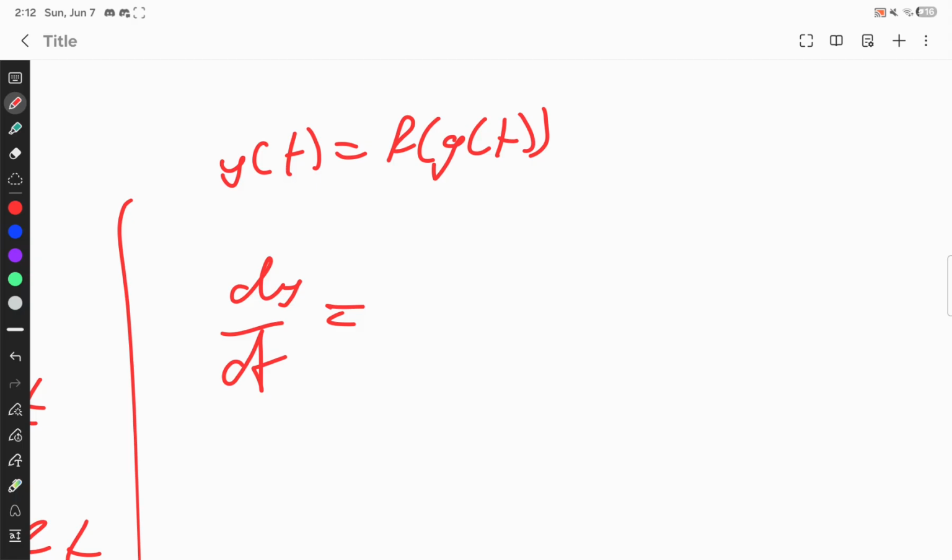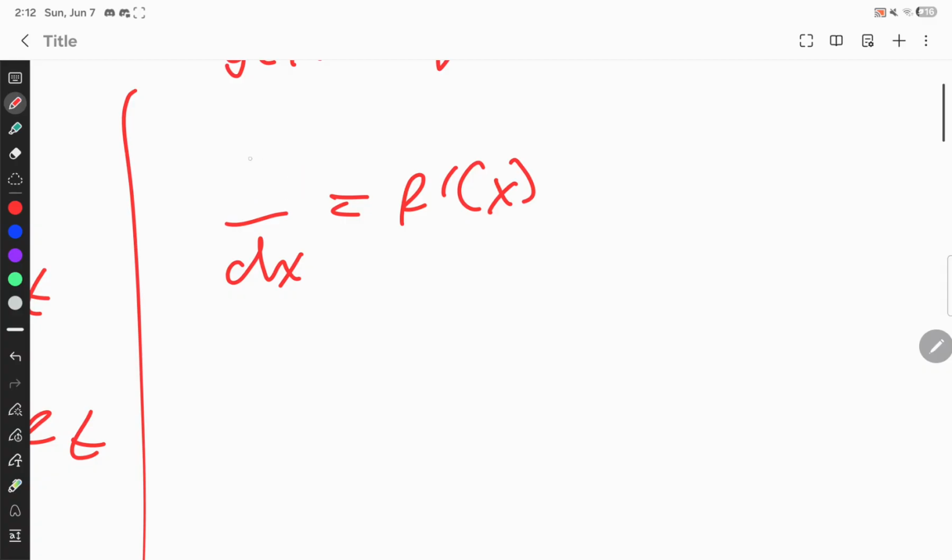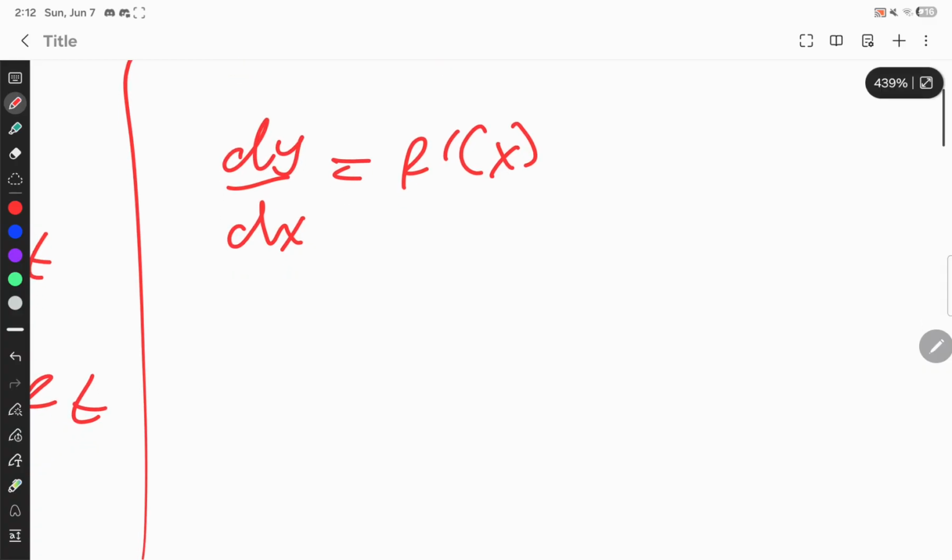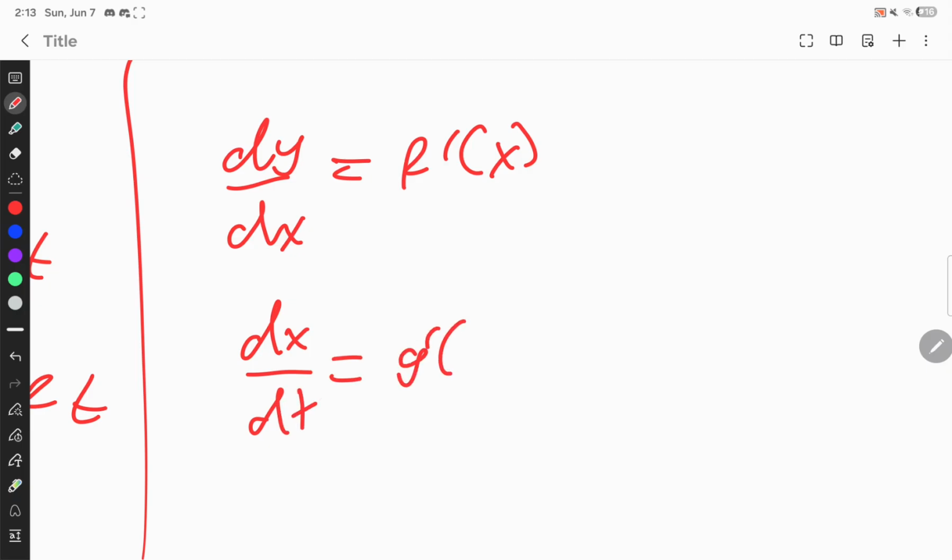You know that the derivative of y would be f prime of x. The derivative of x would be g prime of t.